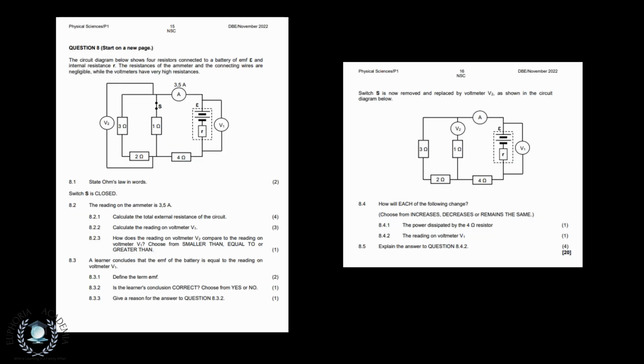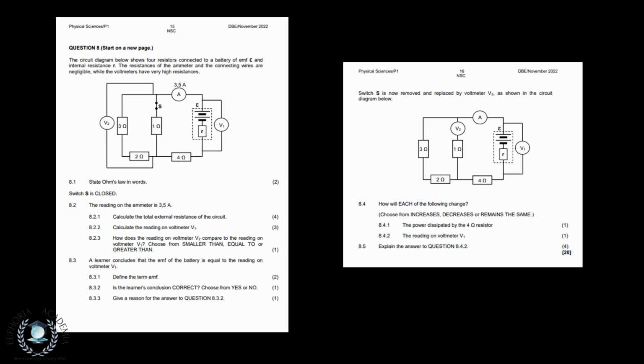Now, the main part of the question paper that we're going to be doing is question 8, which has to do with electric circuits. This question runs from 8.1 all the way up until 8.5.